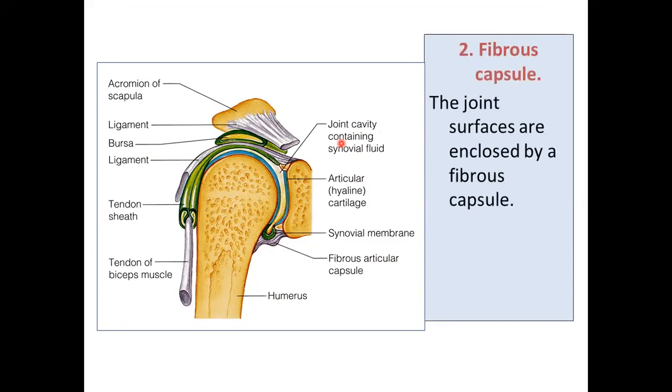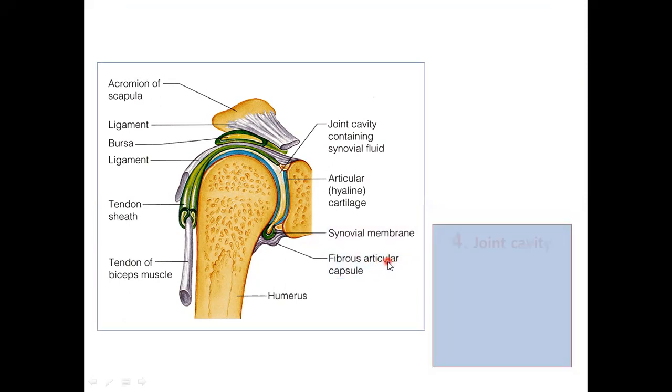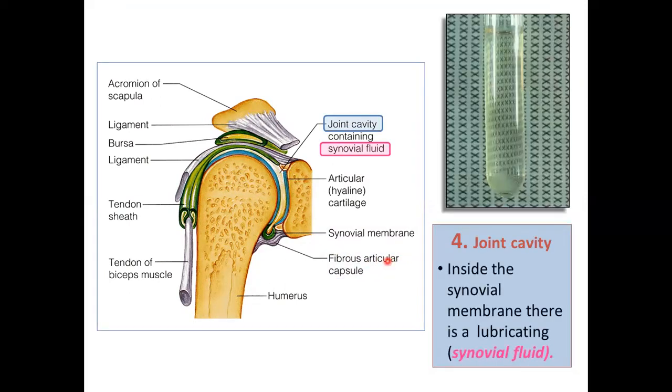The joint surfaces are enclosed by a fibrous capsule. The capsule is lined by a synovial membrane. Inside the synovial membrane, the joint cavity has a lubricating fluid, which is synovial fluid.